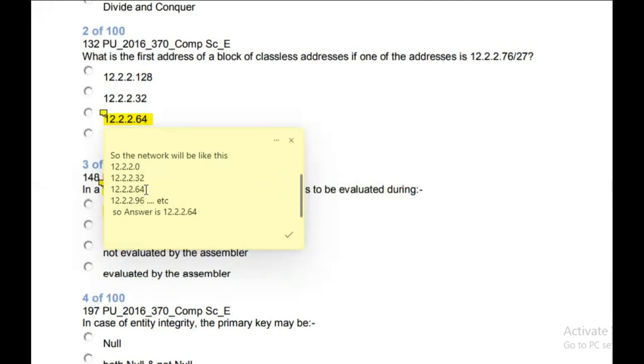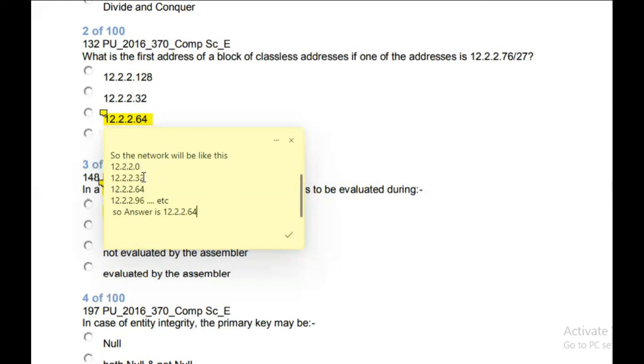So the first IP address for this range is 12.2.2.64. So the answer is 12.2.2.64, option C. How we can classify this is, we can only make 32 hosts in a particular network address.